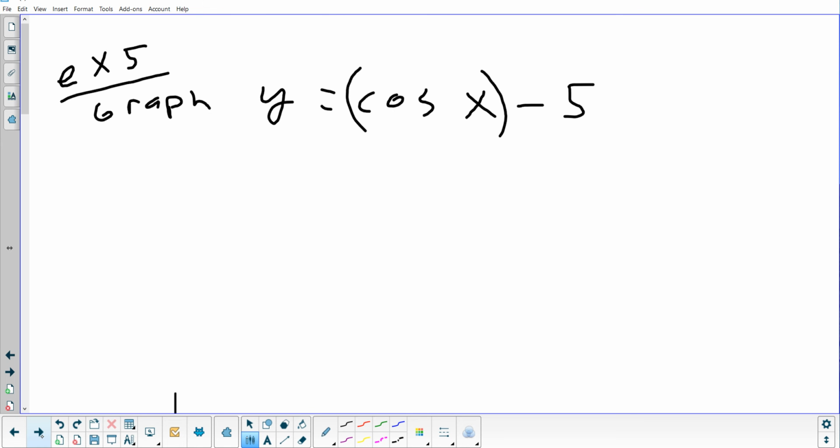All right, so let's try this one. TJ, can you tell me what kind of transformation that is? Because we've studied 3 of them now, and how you know that. Obviously, there's the subtraction inside the parentheses.